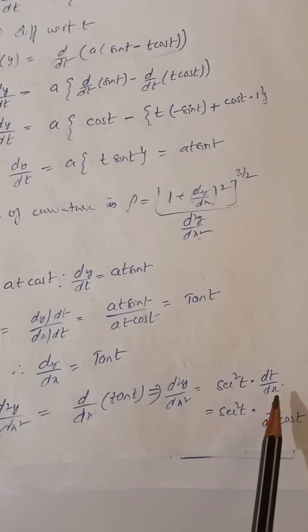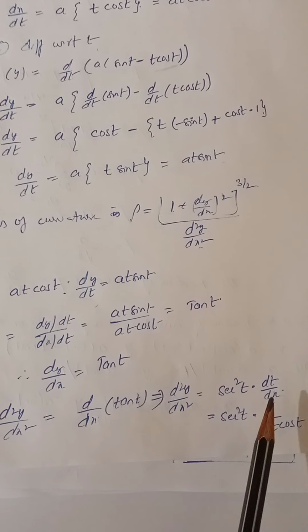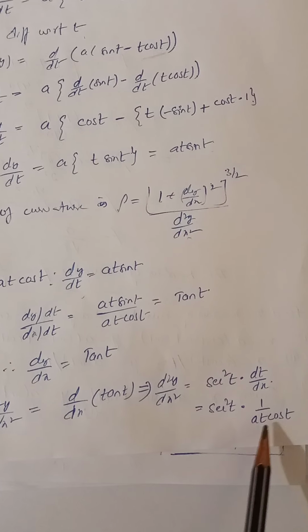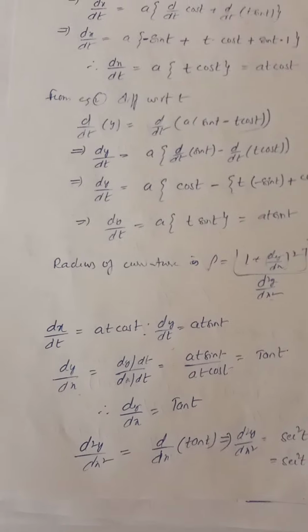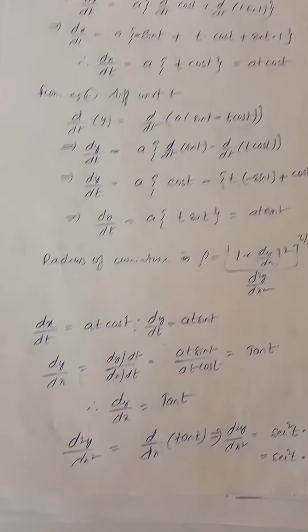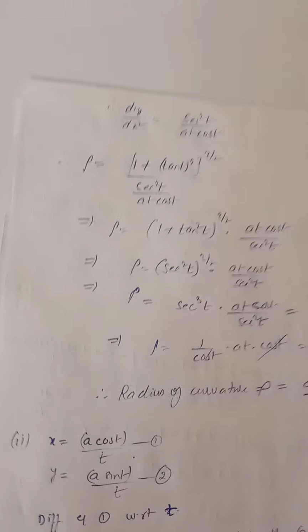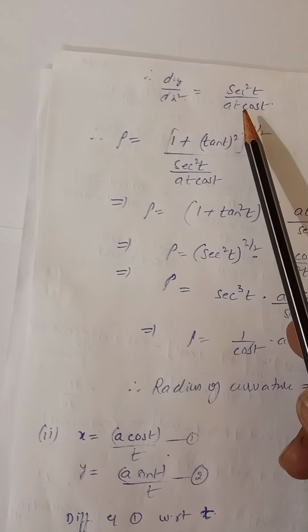Now we know the dx by dt value, therefore dt by dx value is 1 by a t cos t, right? a t cos t.